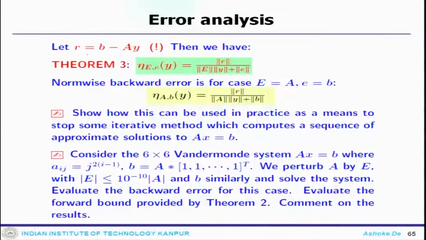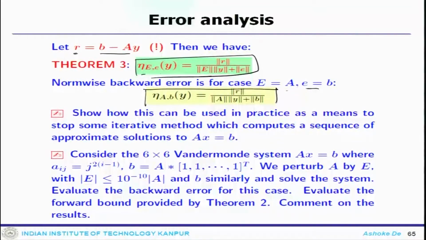Let us see. You define R equals B minus A y, then we have eta E e of y equals the norm of R divided by (norm E times norm y plus norm e). So, the norm-wise backward error, for the case E equals A and small e equals B, is this expression.